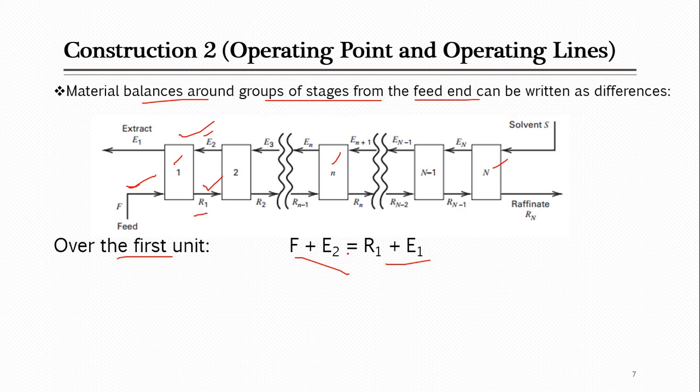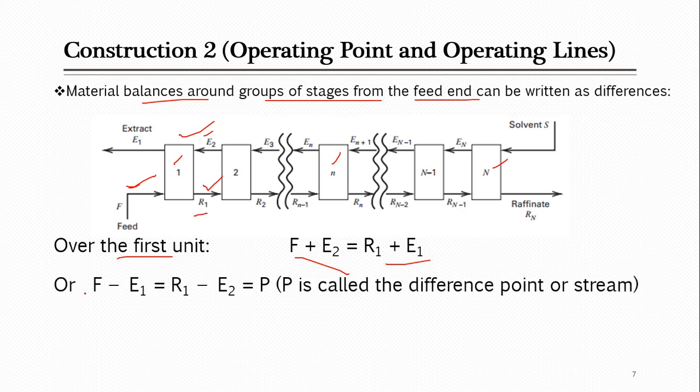Rearranging, feed stays here and I bring E1 here, and then E2 moves to the other side. Overall we have rearranged it in such a way that you can remember it like this: F minus E1, something rich in carrier, because feed contains carrier, minus something rich in the solvent. And then again on the other side we have rearranged in the same way: R1 is rich in carrier, minus E2, which is rich in extract, and these differences are equal to something called P.